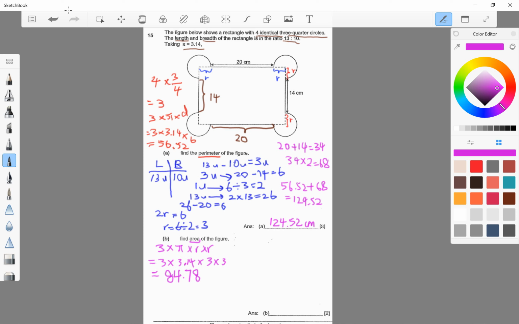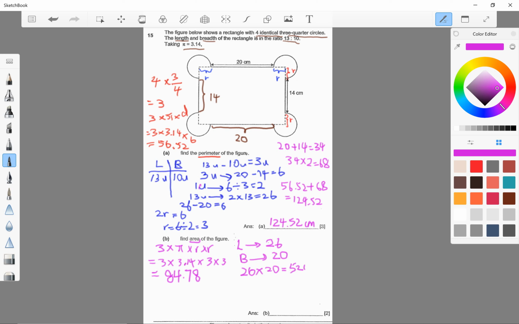And the breadth, since it's 10 units, and if 1 unit is actually 2, this will mean that the breadth is 20. Because 10 times 2 is 20. And if I were to work out 26 multiplied by 20, the rectangle's area has got to be 520.